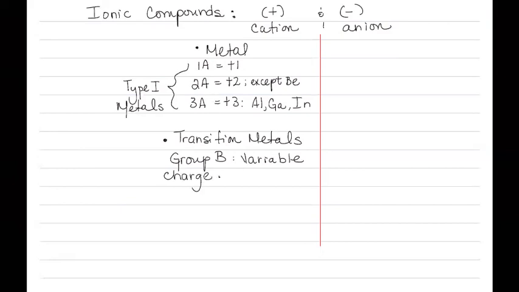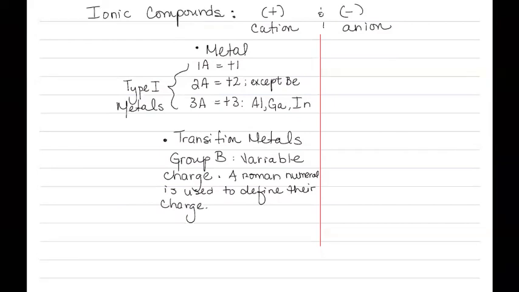They can be +1, +2, +3, +4, +5, +6, +8. How do you know what is the charge of your transition metal? Well, we give them in Roman numeral. A Roman numeral is used to define their charge.